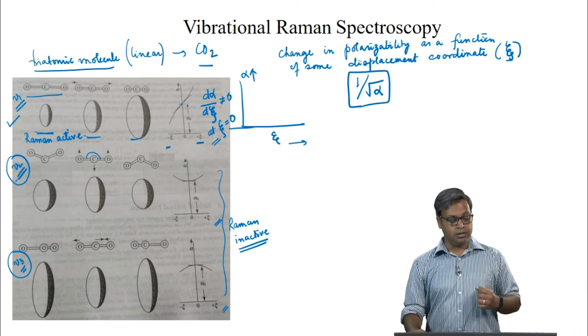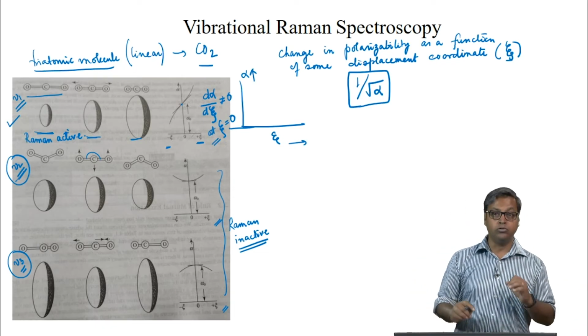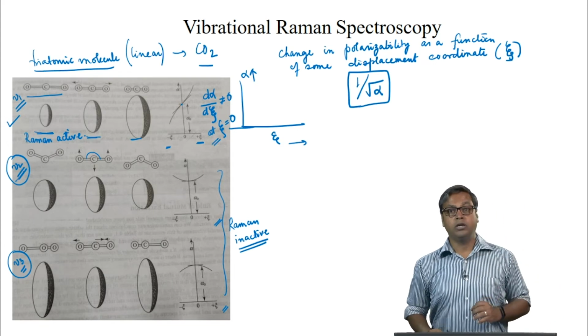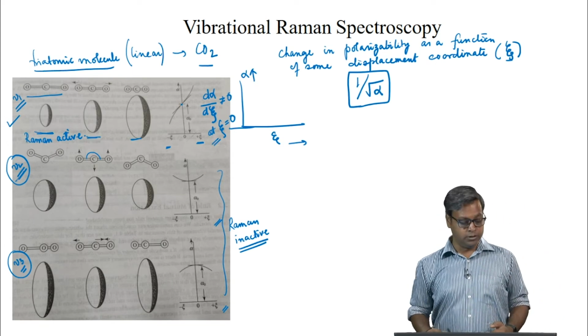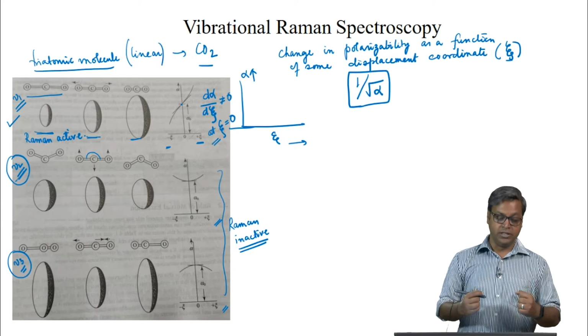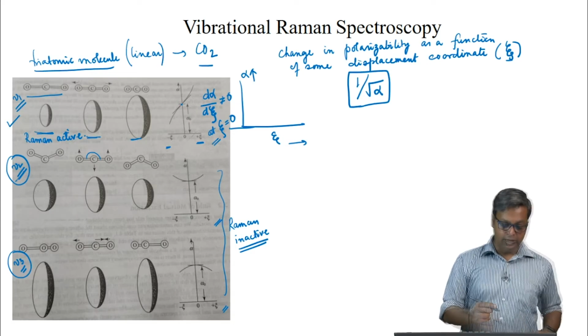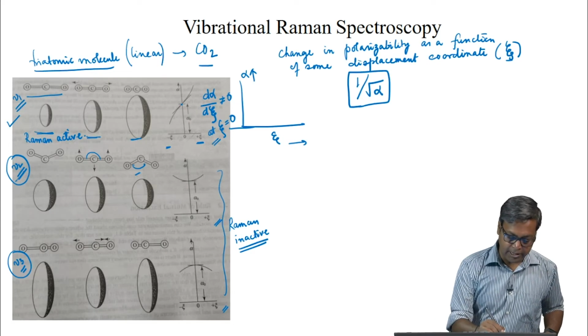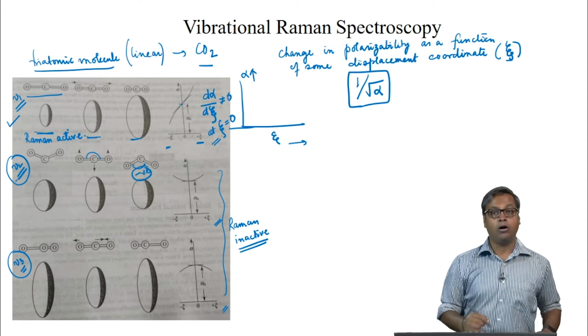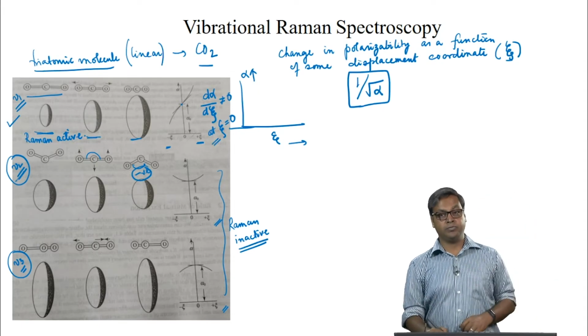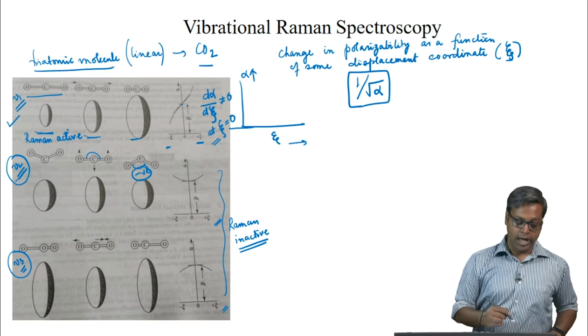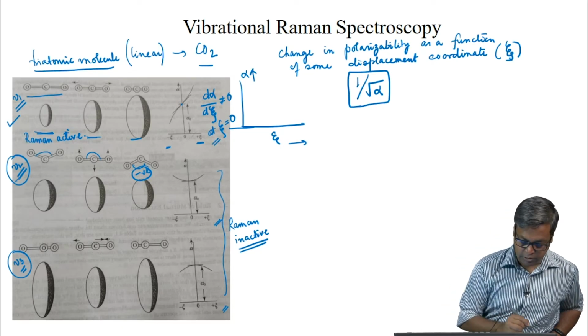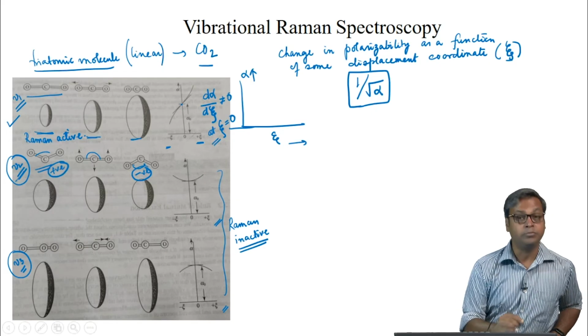Now, if we consider the bending motion or nu 2, we can count a downwards displacement of the oxygen atoms as negative xi, so this is my negative xi, or the upward displacement of the oxygen atom as positive xi. So, this is the case where I have the upward displacement, the case of my positive xi.